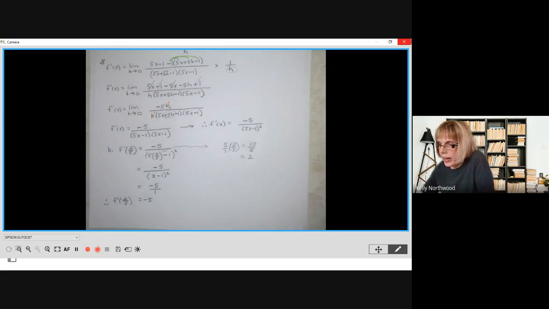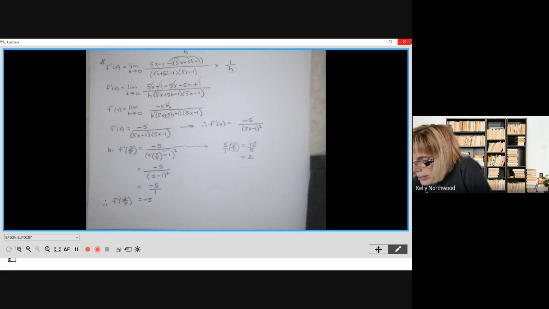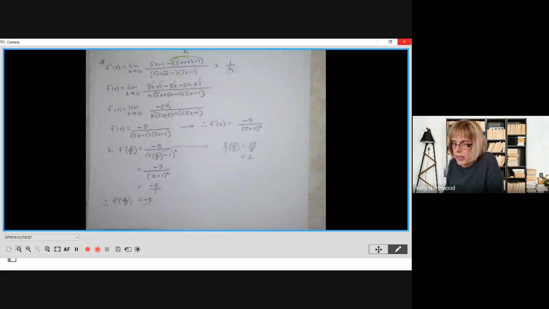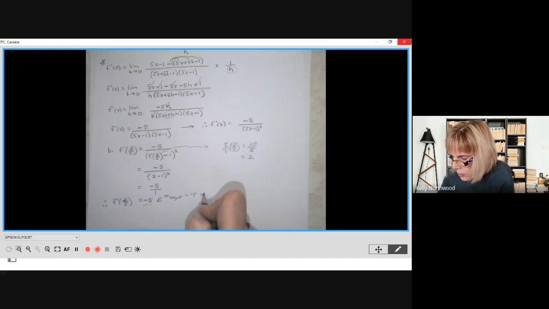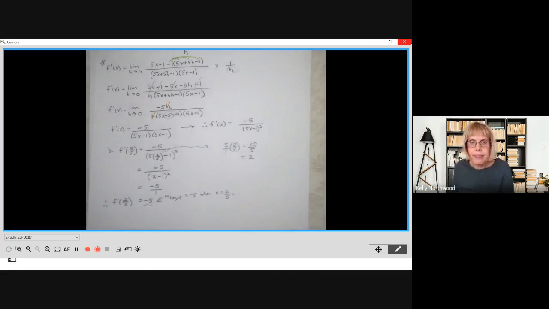So if we look at our graph, I'm not going to pull it down because I know people are still copying it down. But if you look at where x is 0.4, you look like you're going to have a pretty steep negative slope. So -5 definitely makes sense for the slope of the tangent to be -5 when x is 2/5, which is what that means again.